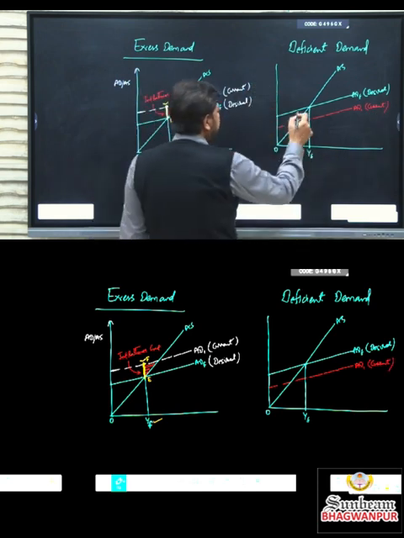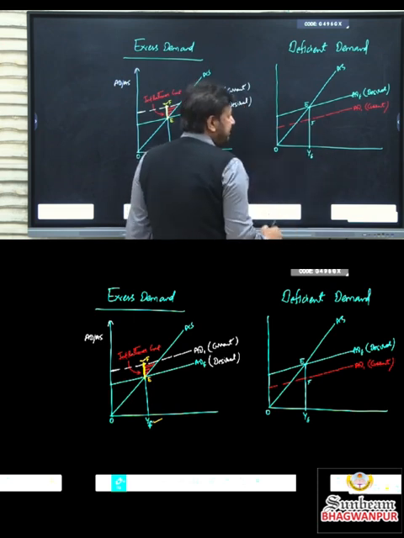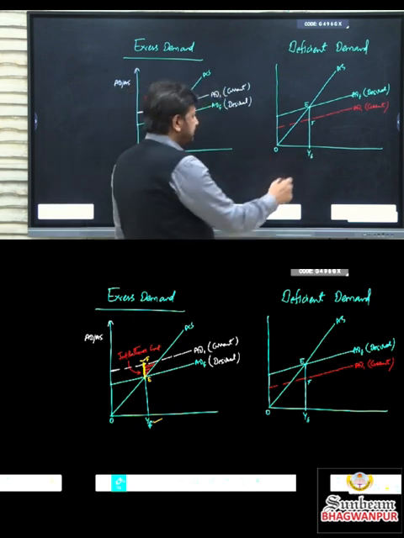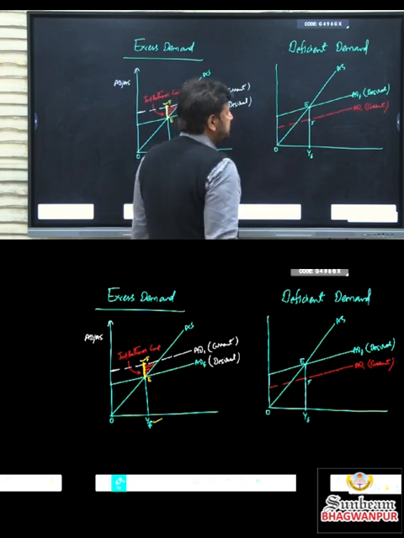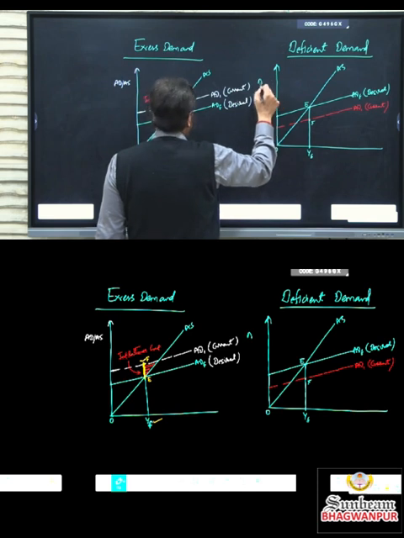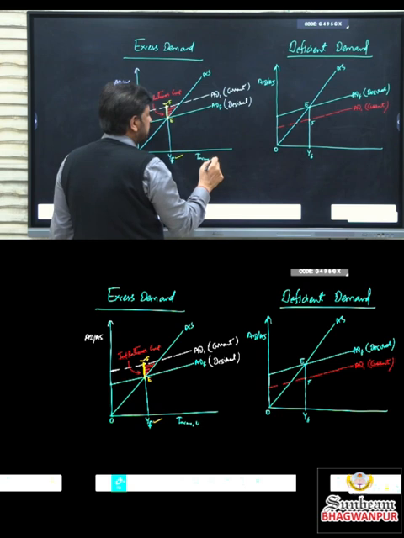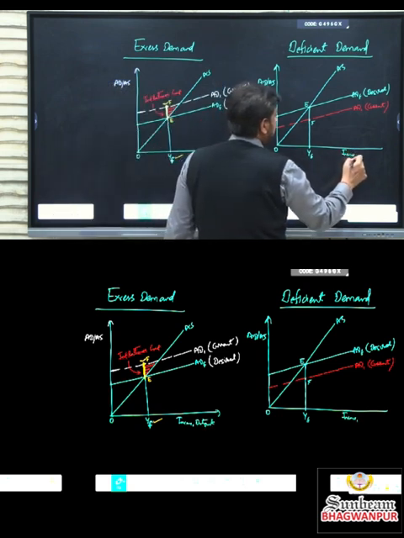So again in this case you can see that current AD is less than desired AD corresponding to the full employment level of income. And this deficiency of demand is the problem of deficient demand. This is AD-AS. On the x-axis we show income and output.